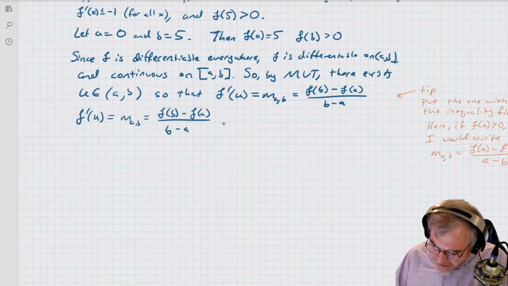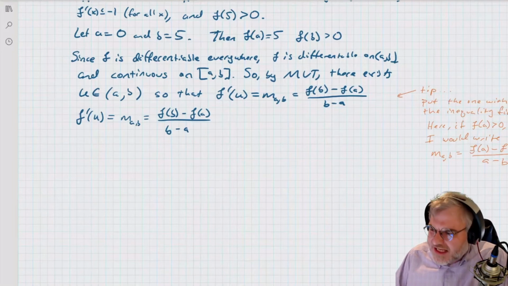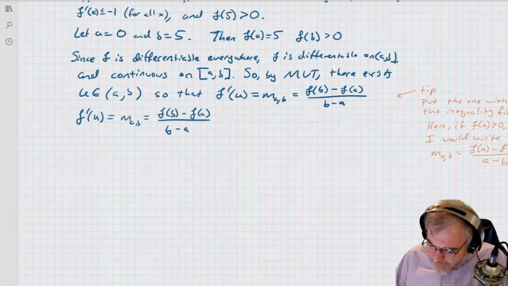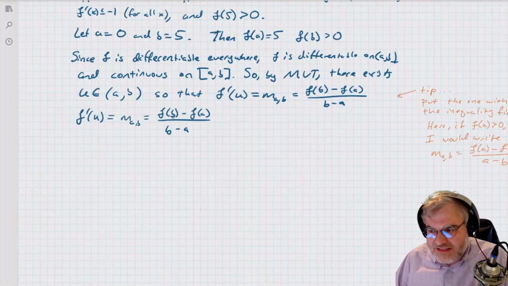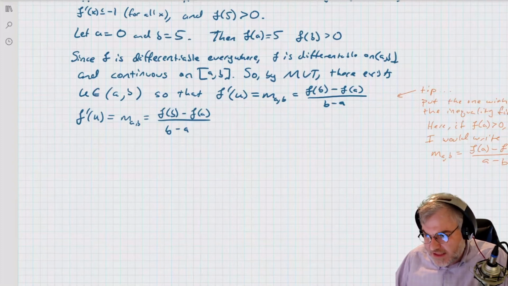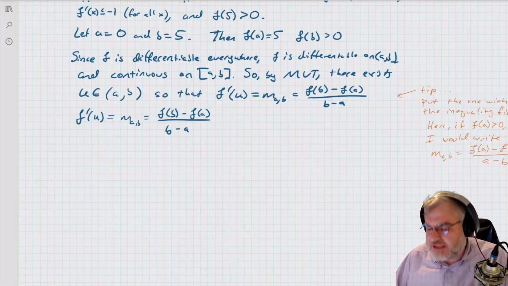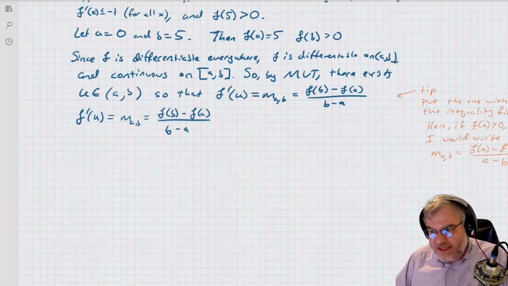Now, here I'm going to introduce the inequality. Notice f of b is greater than 0. f of b is positive and on the top. So nothing changes. Okay, that's important. b is positive and f of b is positive and on the top. So when I do the substitution for the inequality, it goes in straight.